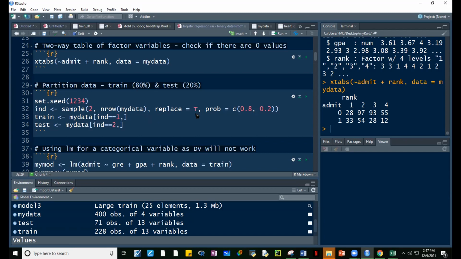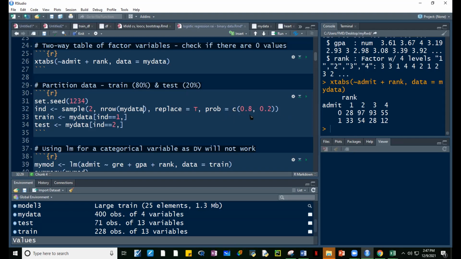So if I choose one of those to become part of my training data set, what I'll do with what I chose will be to return it back to the container. So the implication is that I can pick that number again, and it can become part again of your training data set. So that's replace is equal to true.